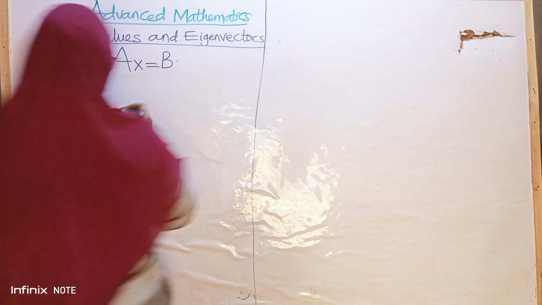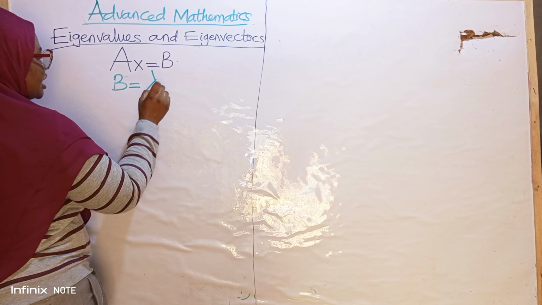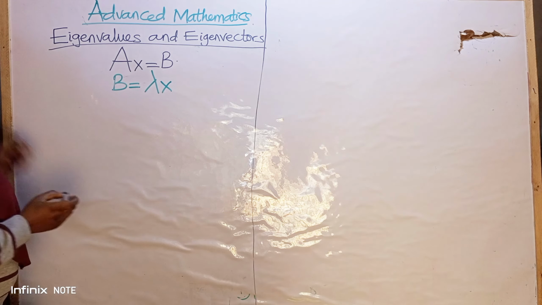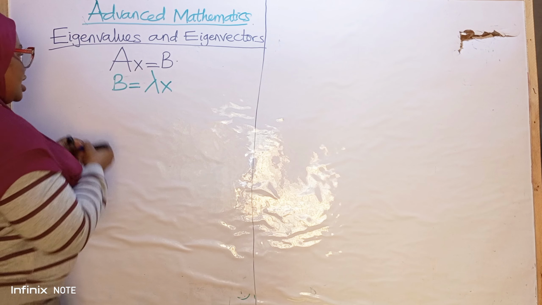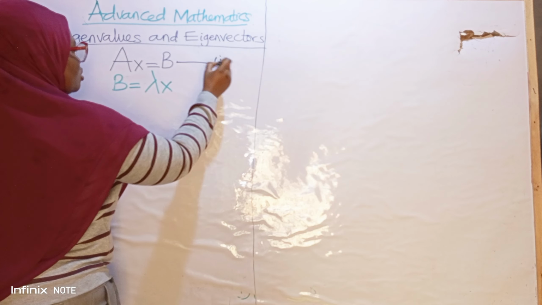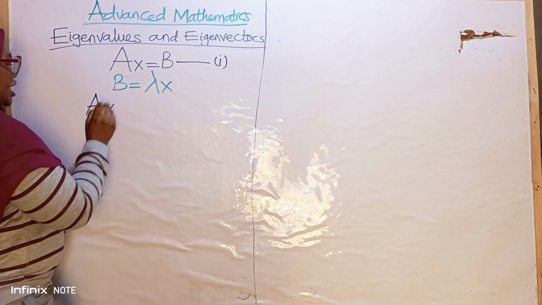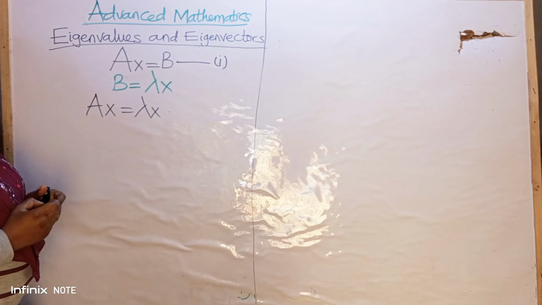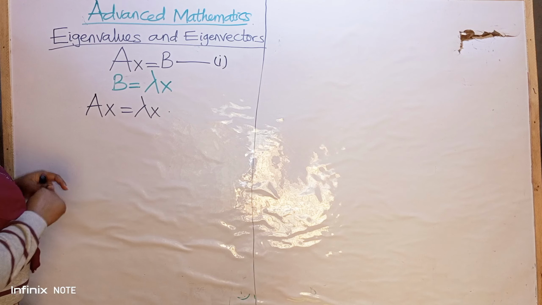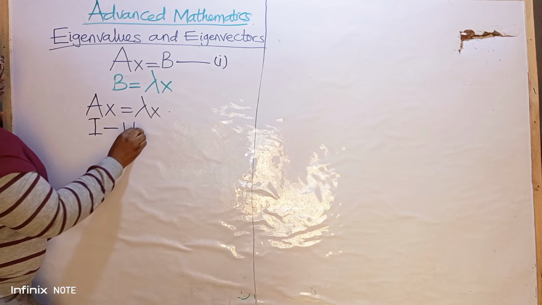So now we can write this B to be equal to a constant multiplied by this vector X. Let's name this equation 1. So equation 1 becomes AX is equal to lambda X. From here, we multiply by I, that is the identity matrix.